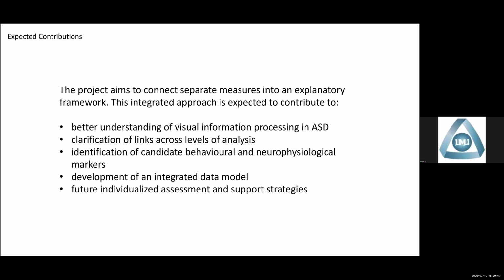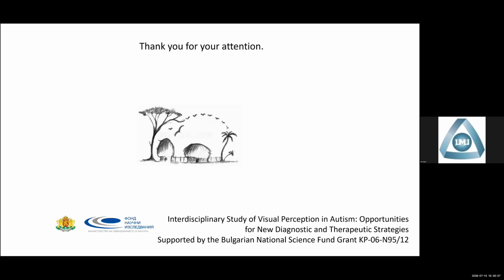Of course, this could help to reveal mechanisms of visual perception beyond autism itself, but it could help to prepare some individualized assessment and support strategies for people with autism.